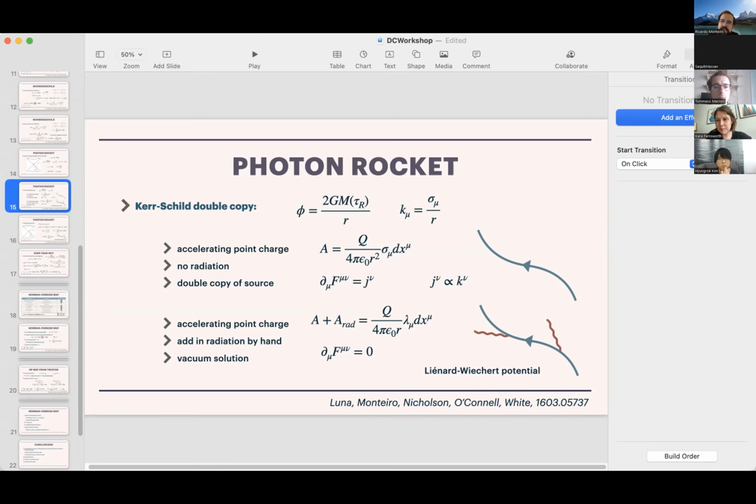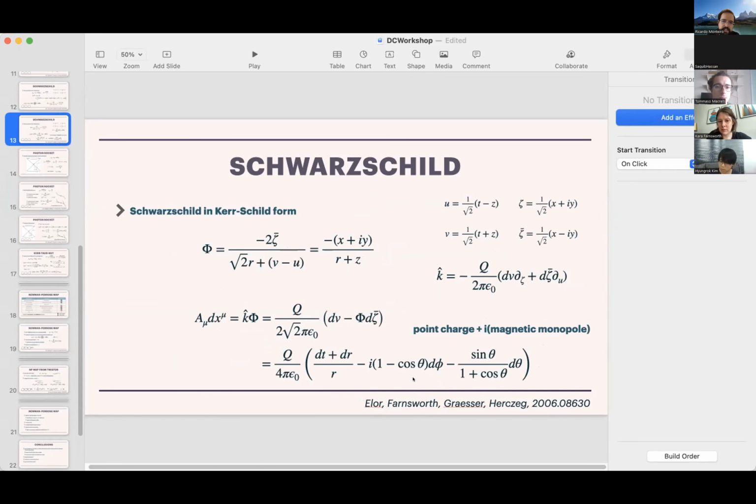So let's say when you look at Schwarzschild, the solution you get is somehow Schwarzschild plus I pure net. Sorry, it's not self-dual on the gravity side. It's only self-dual on the gauge side. So sorry, exactly. So you get Coulomb plus i magnetic monopole. Right.